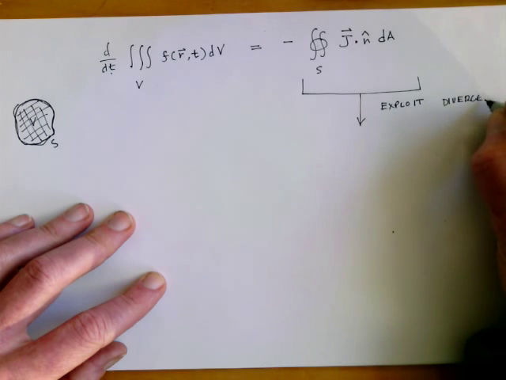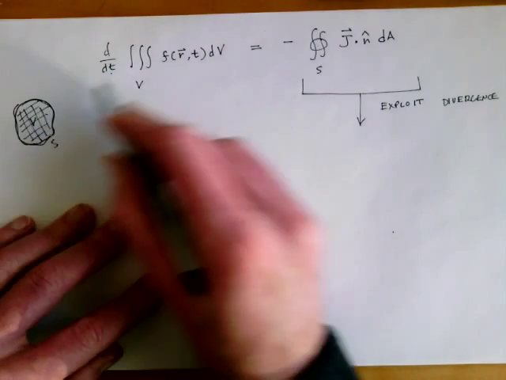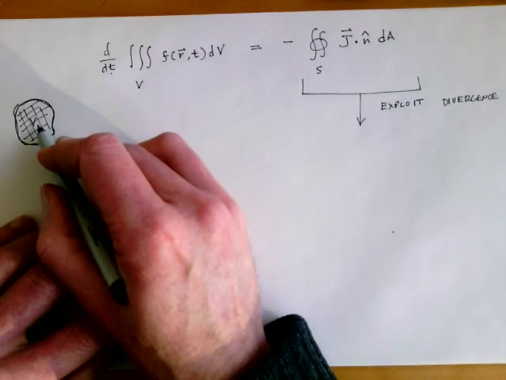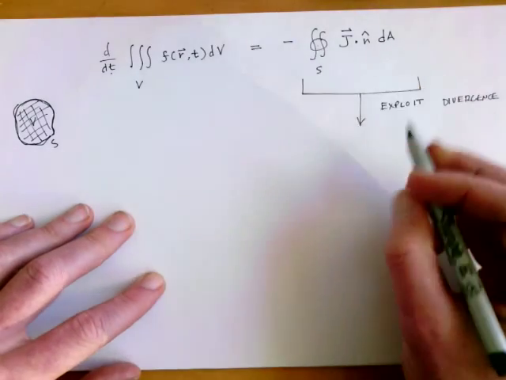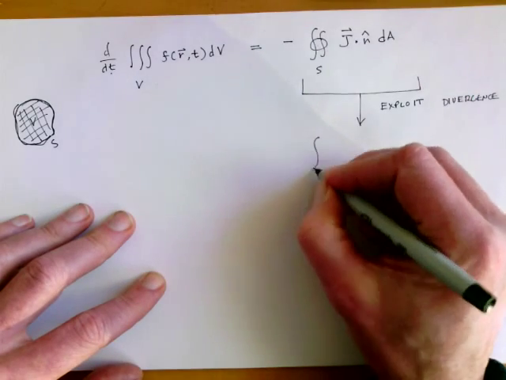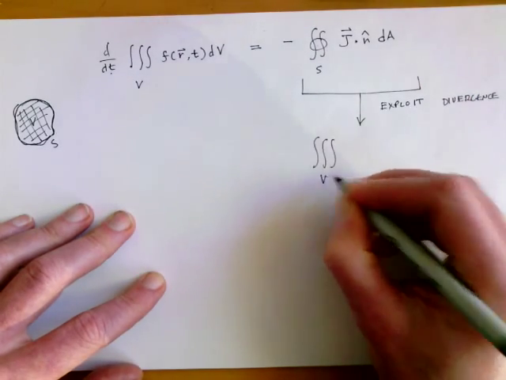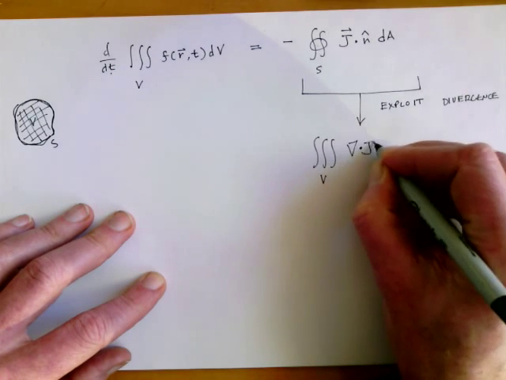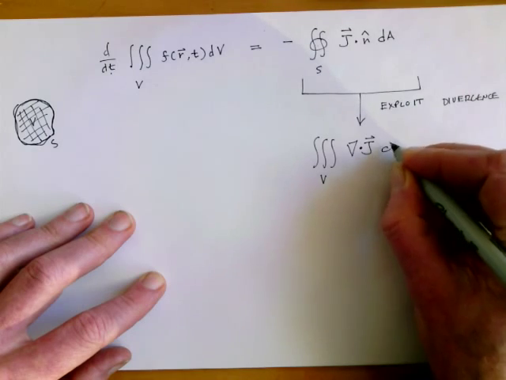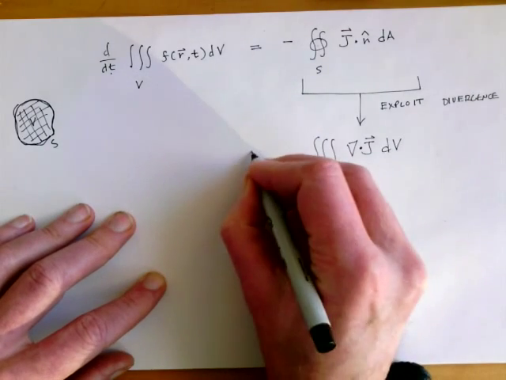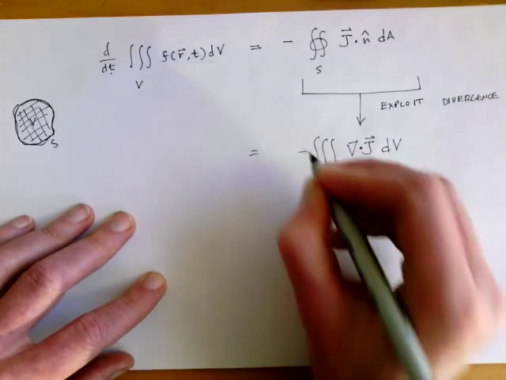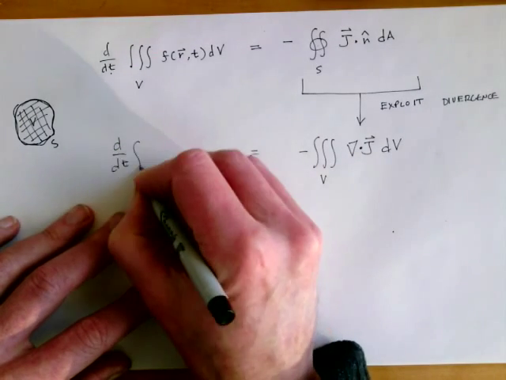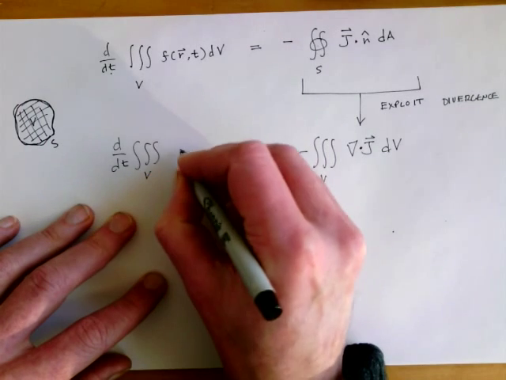So if we integrate the divergence of this flux density over the entire volume, what we should get is the same thing as the actual flux. So this thing, by the divergence theorem, is the same as the integral over the volume of the divergence of that flux density dV. All right, so having exploited the divergence theorem, I can rewrite my right-hand side as an integral over the volume.